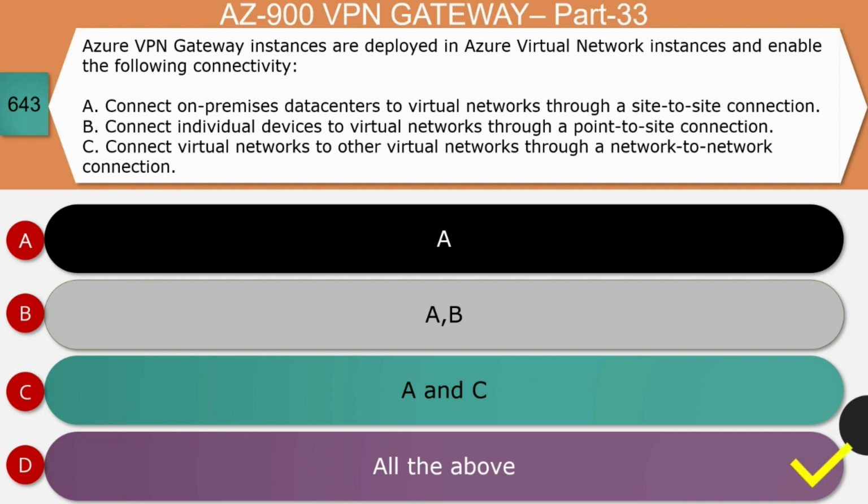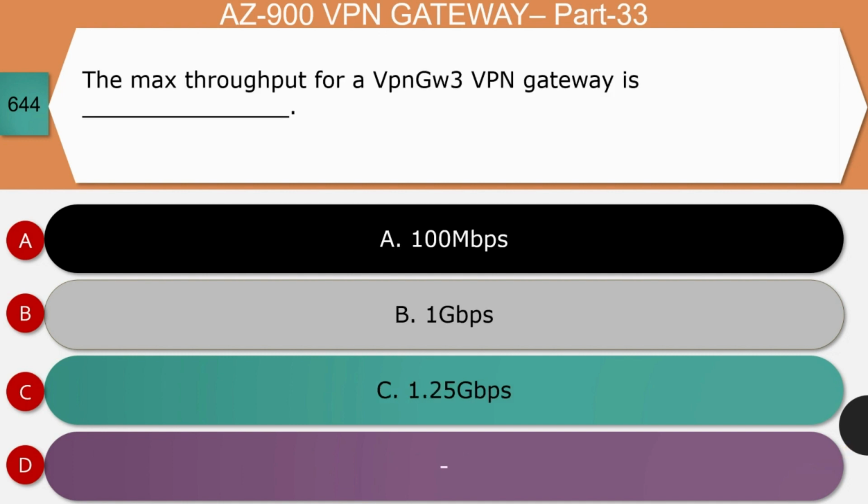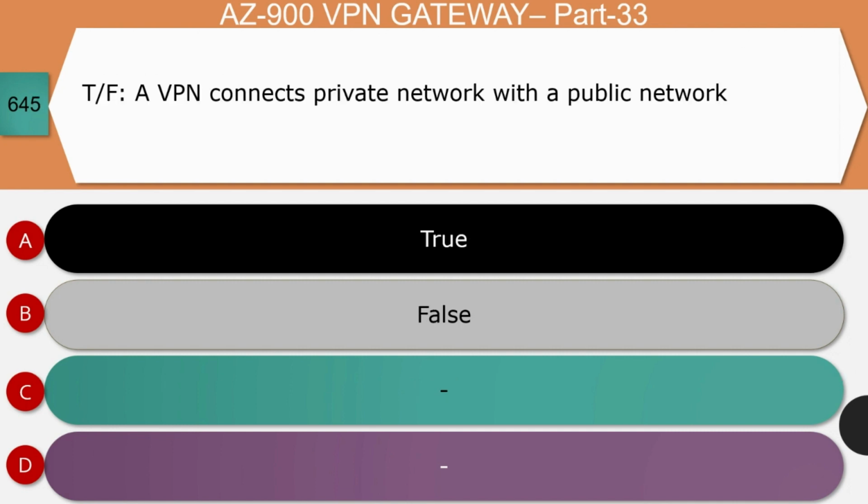The right answer for this question is all the above. So you will have all the three options as stated here. Next question, the maximum throughput for the VPN GW3 VPN gateway is 100 Mbps, 1 Gbps, or 1.25 Gbps. You need to remember this number. The highest number, that is 1.25 Gbps, is the right answer.